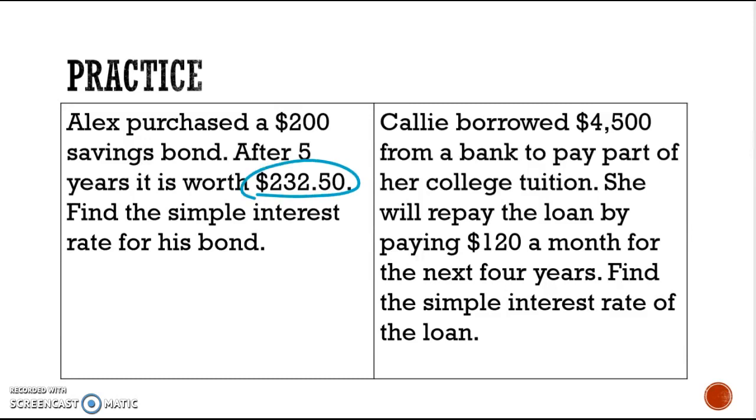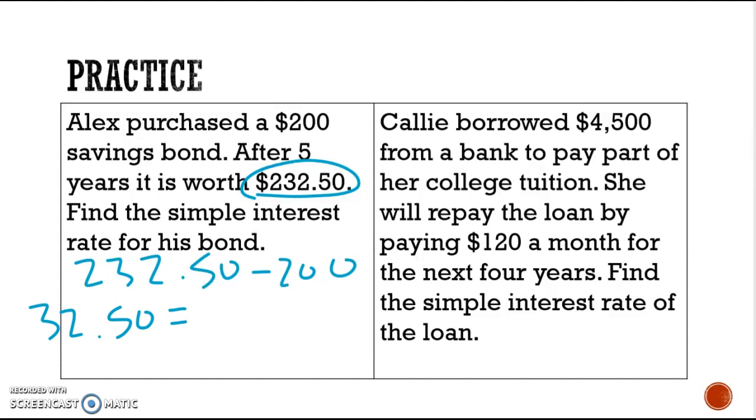Okay, so all we have to do is start by doing 232.50 minus the 200, which is $32.50. So that's going to be my interest, how much he's earning just by putting this in. So $32.50 equals 200 times R times time, so times 5.